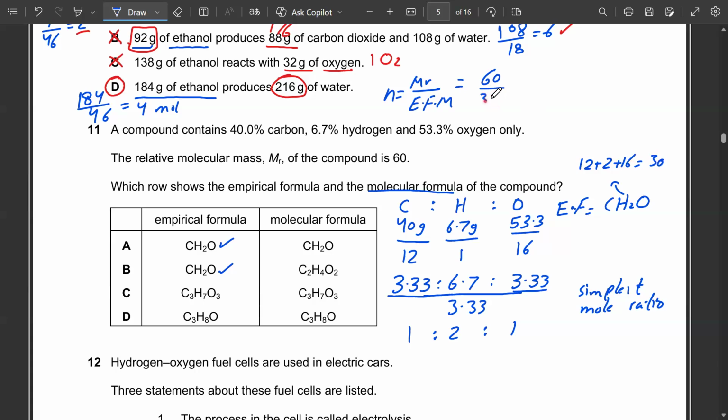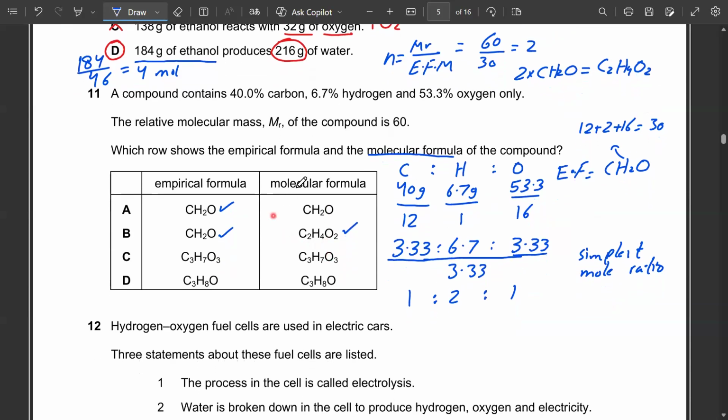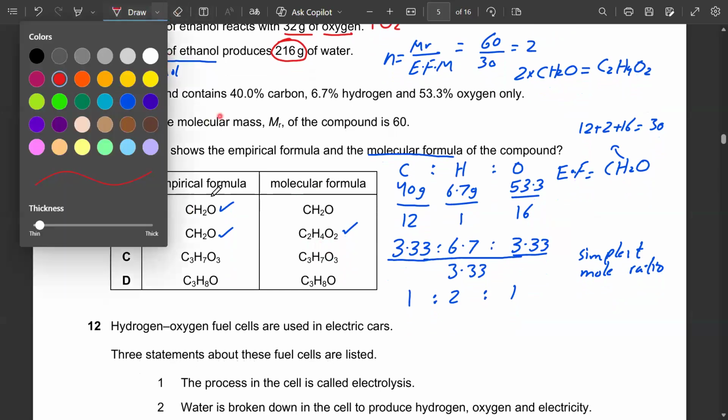So n is equal to 2. So multiply this 2 with the empirical formula CH2O, and it is now equal to C2H4O2. C2H4O2 is the only option in the molecular formula column. That means B is the correct option.